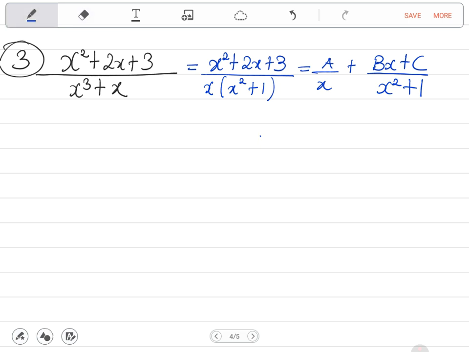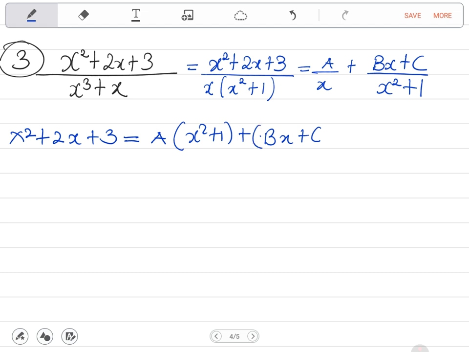We are going to maintain our x squared plus 2x plus 3 equal to. So if I get a, because all these are common denominators, I'm going to just get this side. Because if I divide x here, I remain with x squared plus 1. Plus, then you have bx plus c. So bx plus c, if I divide this into here, I remain with x.